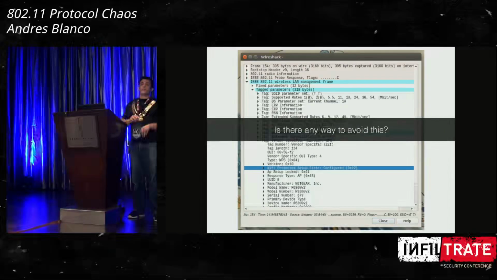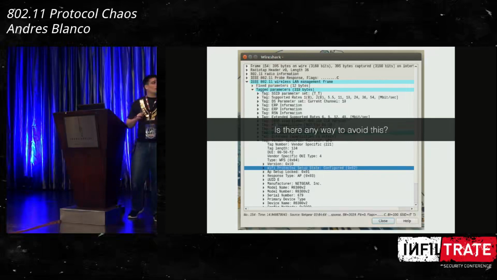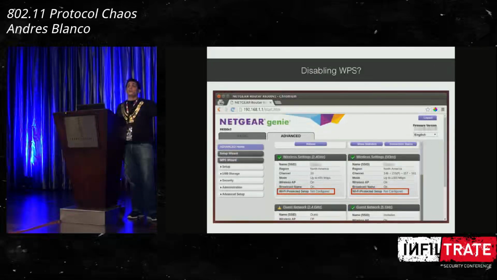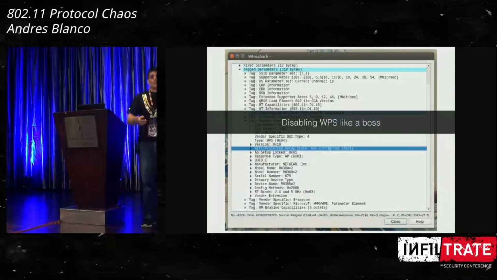WPS is in almost every modern Wi-Fi access point. Maybe on enterprise level access points it's not enabled, but all other access points support this protocol. So is there a way to disable it? Well, I disabled it on my access point, and then I started listening to frames again, and it doesn't work.